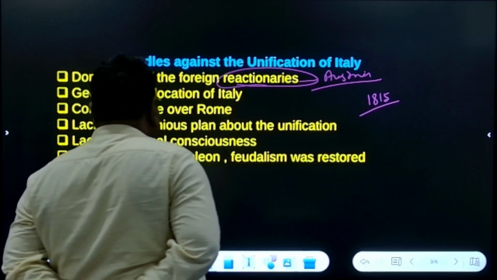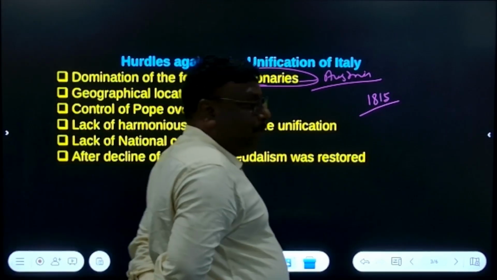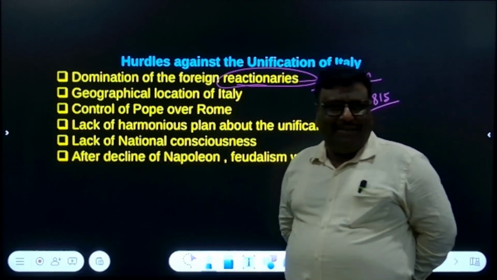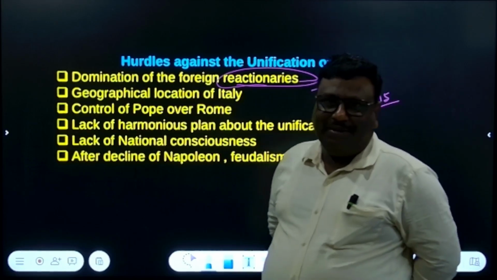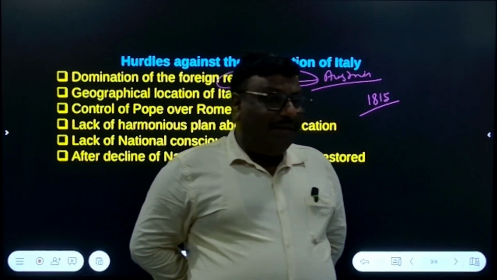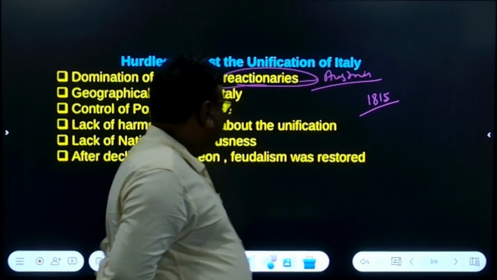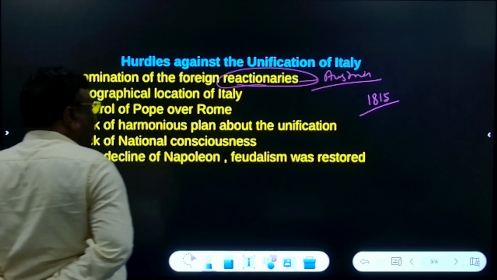And Rome was controlled by the Pope, backed by France. It was not easy to raise arms against the Pope, as the French army was controlling Rome. And the fourth hurdle was the lack of a harmonious plan for the unification.